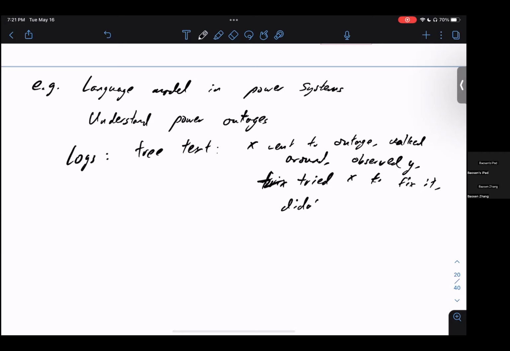Didn't work. Called. A lot of logs go this way. It's just somebody describing what they did. You, the engineer, say I did the following thing.